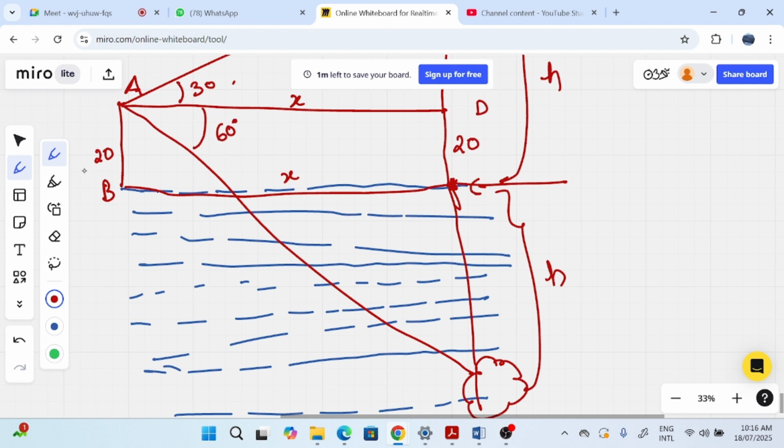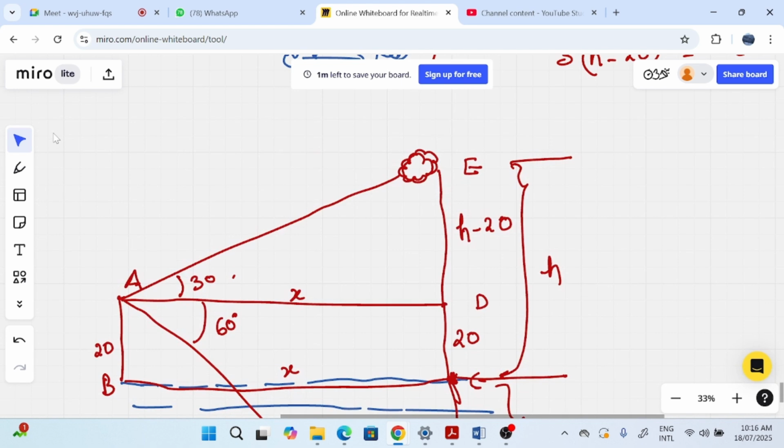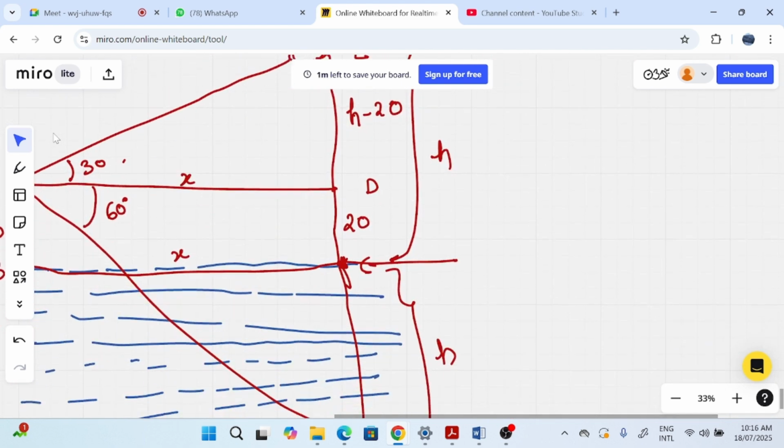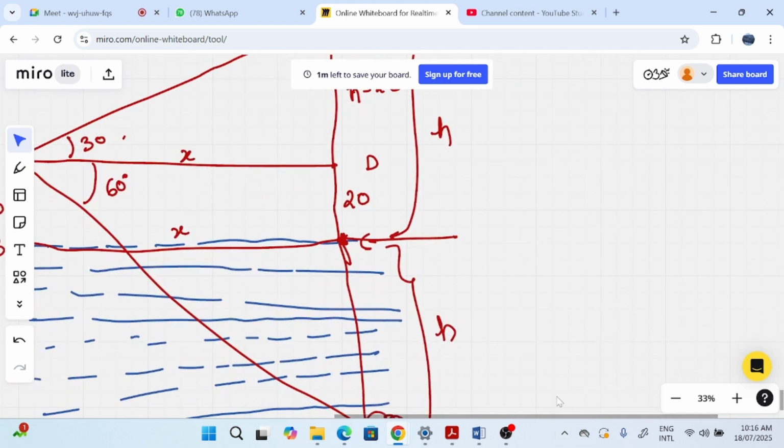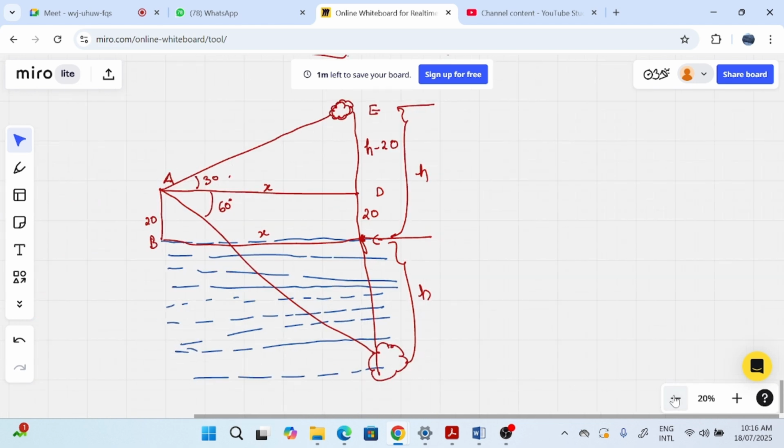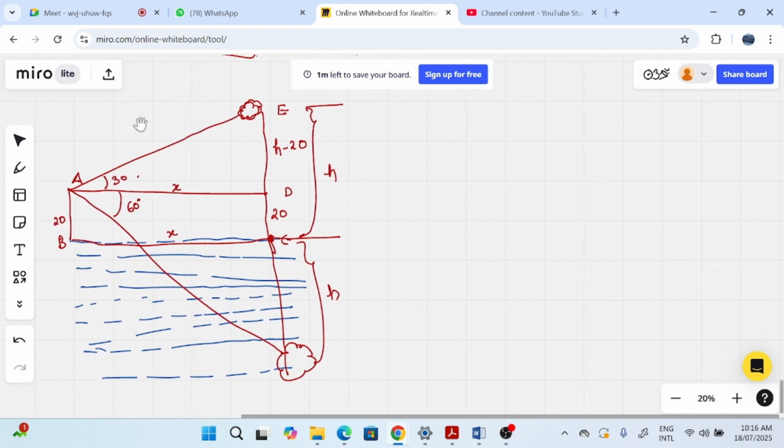Is it clear? So the only thing which is challenging in this is the reflection. Where does the reflection fall? Once that is done, the question becomes easy. The diagram is most important in this kind of questions. And the cloud question is very, very important.